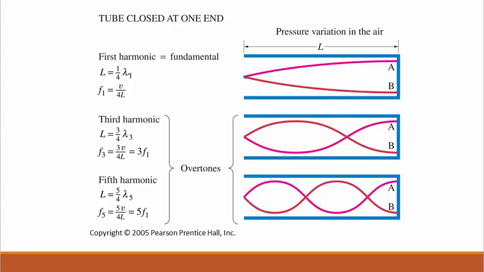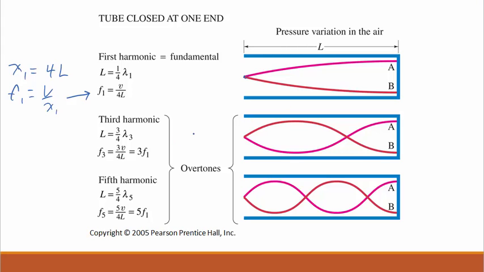So if we fit a quarter of a wavelength in a pipe of length L, that means our fundamental wavelength is actually 4 times the length of the pipe. So you can get a lot lower frequencies out of closed pipes than you can out of open pipes. And we can use the same process where f equals v over lambda, and that gives us v over 4L.